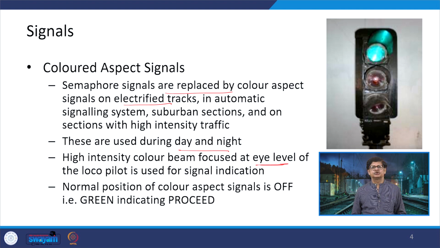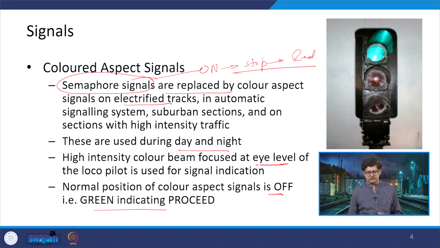The normal position of the colored aspect signals is off, that means green. If you remember, in the case of semaphore signals we talked about an on condition, and when we said on it was stop, or red color. But there is a change now. When you are talking about colored aspect systems, it is green or off, and the train can proceed with the maximum permissible speed.